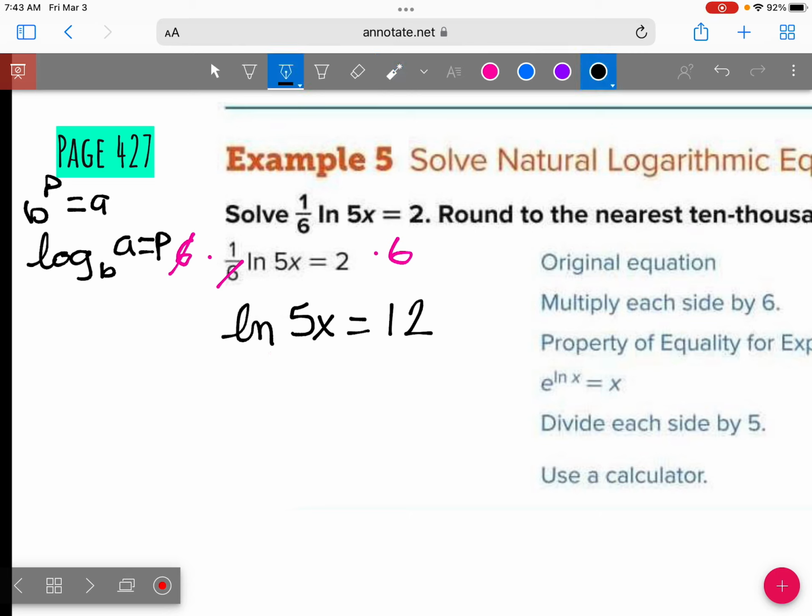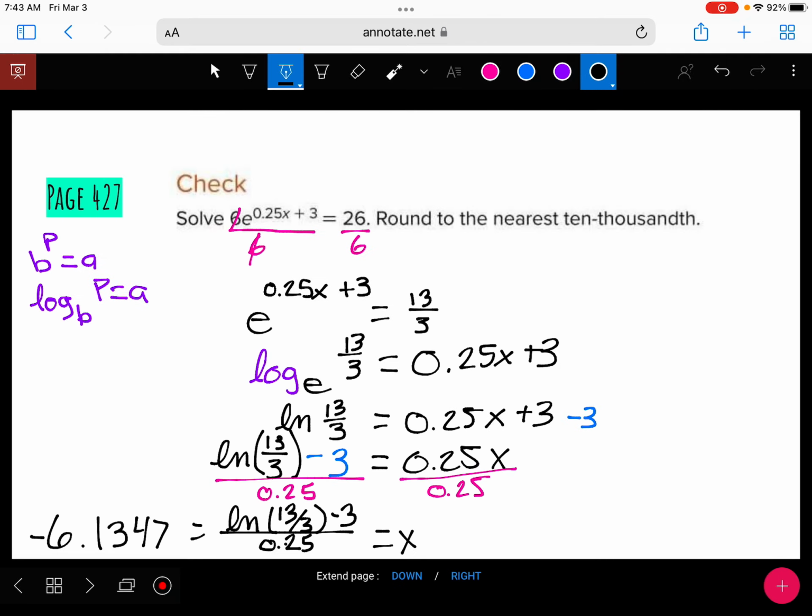If I switch this like this, what do I put here, log base what? What is the base on ln? We need to know this. We did this yesterday. Or we did it Wednesday. It's e. I mean, we just used it over here. We switched log base e to be ln.